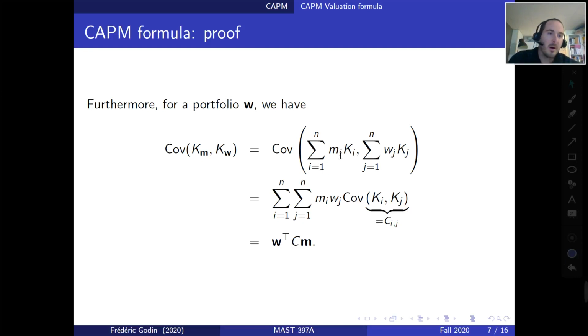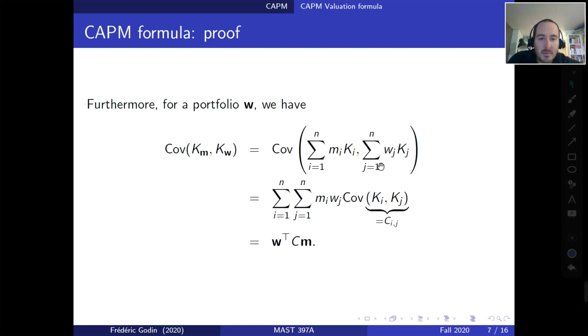Recall M are the weights of the market portfolio times the return of each asset, because recall that the return of a portfolio is simply the weighted sum of returns on each asset. And we can do the same thing for the portfolio W. So the return of the portfolio W is simply a weighted average of returns on each market asset.